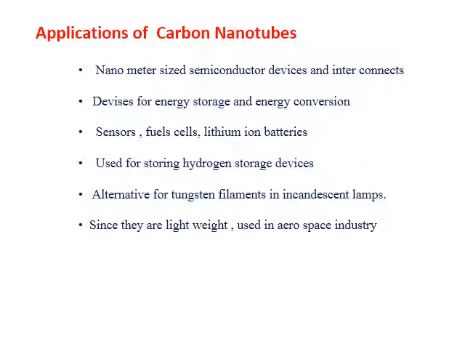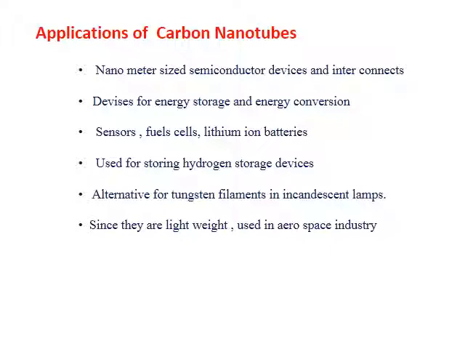Based on their properties, they are nowadays widely researched and put into application. Nanometer size semiconductor devices and interconnects are produced from carbon nanotubes, as I told you earlier, along with devices for energy storage and energy conversion in the case of hydrogen fuels, sensors, fuel cells, and lithium ion batteries. They are also used in hydrogen storage devices.